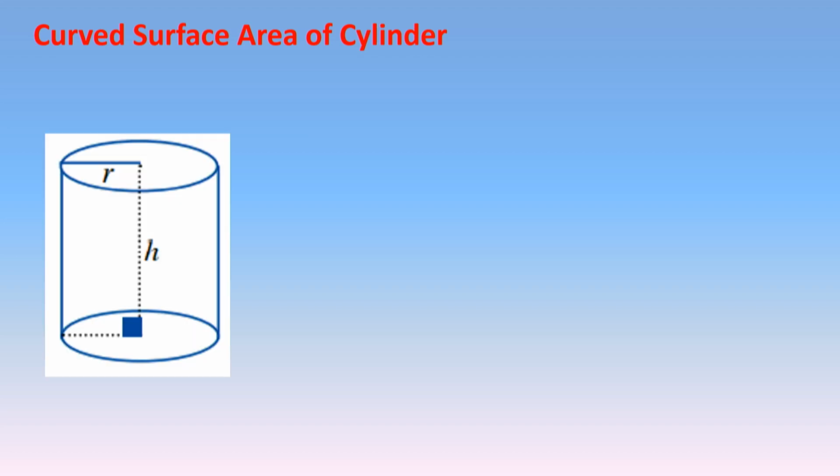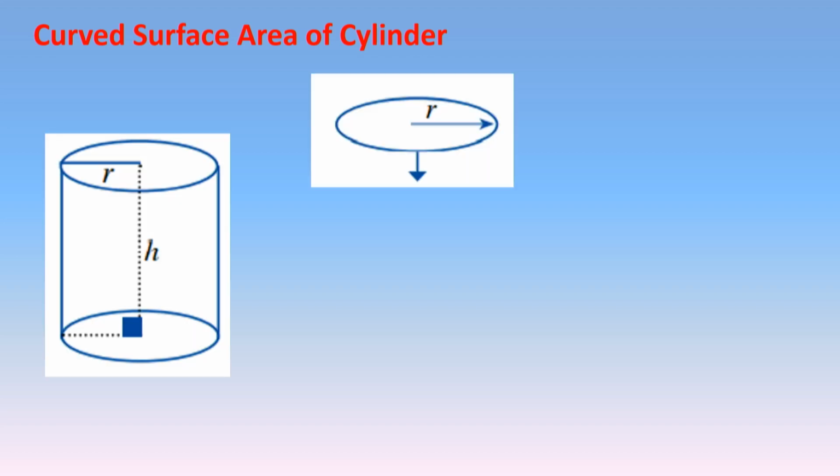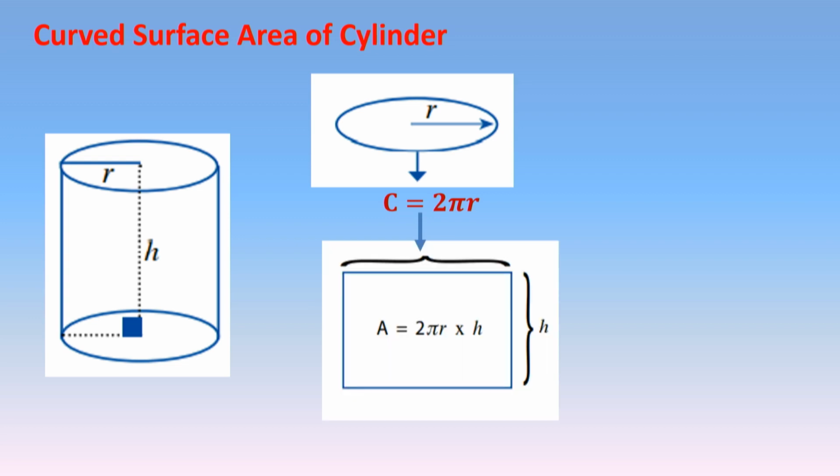The curved surface area of a cylinder will be given by the following. So you have a circle at the top and you have a circle at the bottom. You will remember that the circumference of a circle is given by 2 pi r. Now this circle, I'm going to open it with the curved surface part and I will get my rectangle.